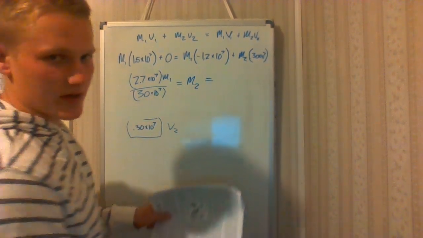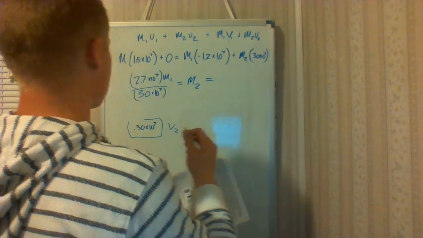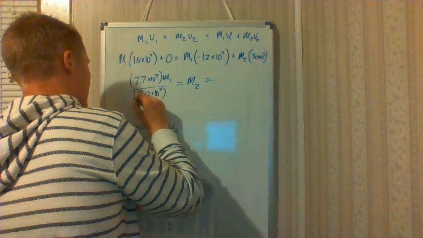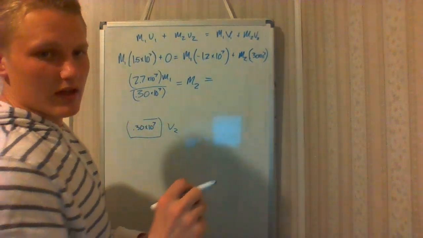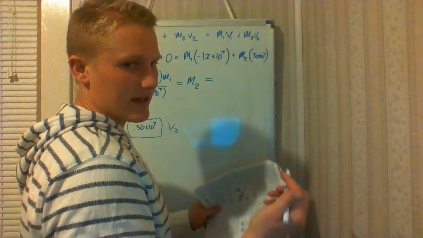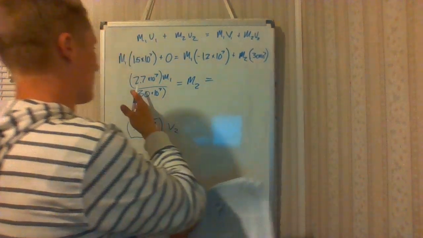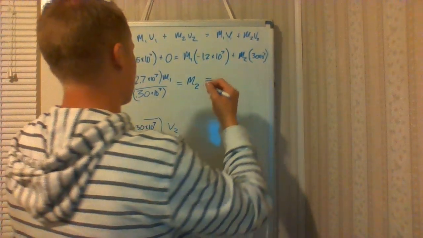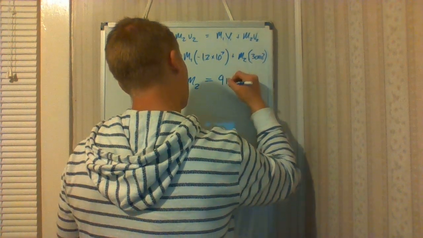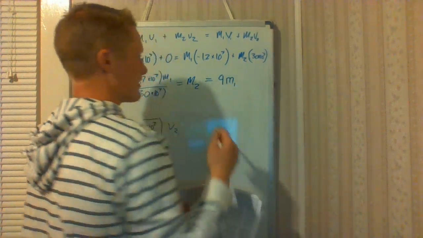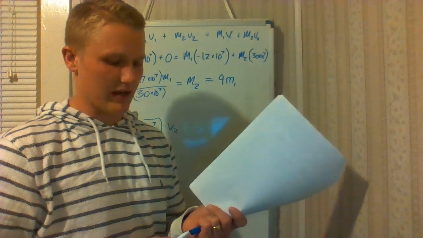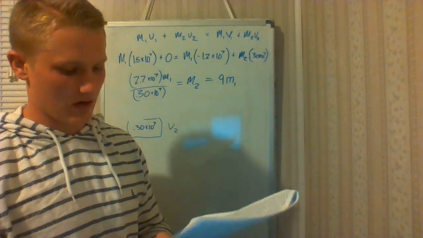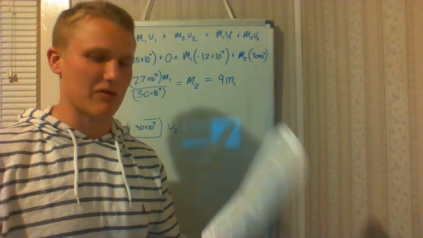That comes out to a nicer number. 2.7 divided by 0.3 is 9, so m2 is 9 m1. And that's all for Chapter 8, Question 50.